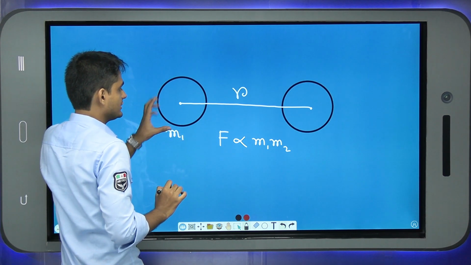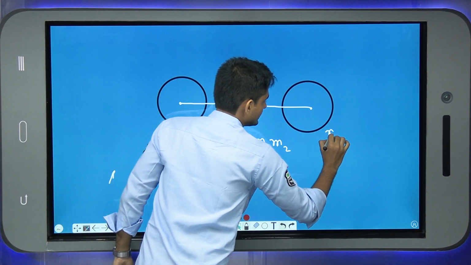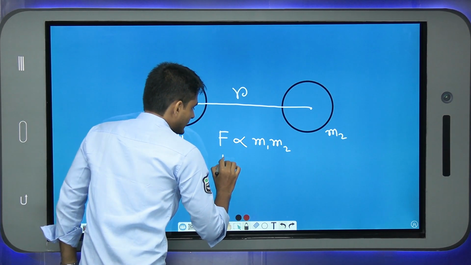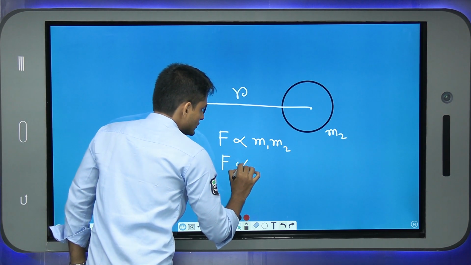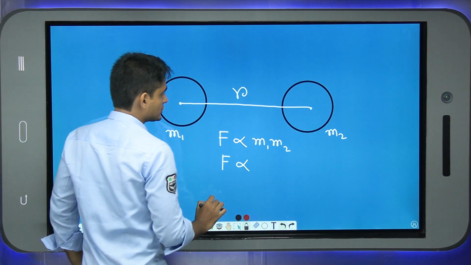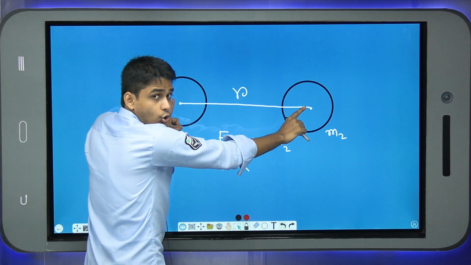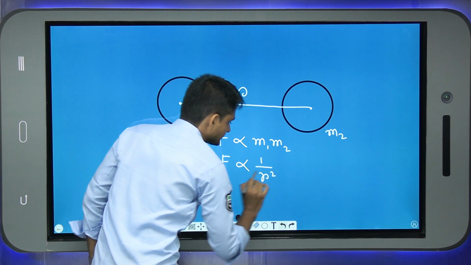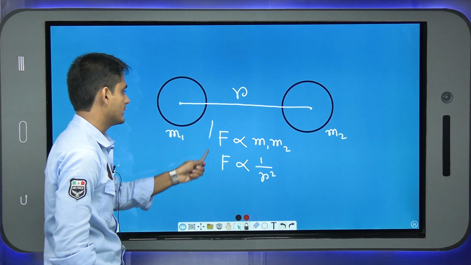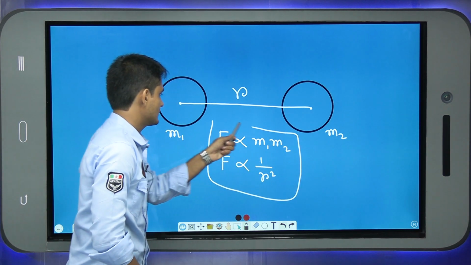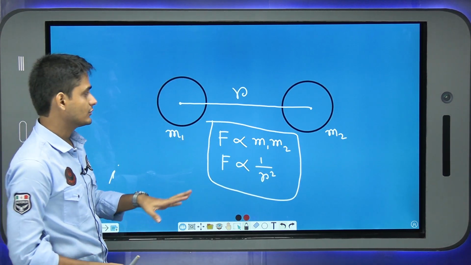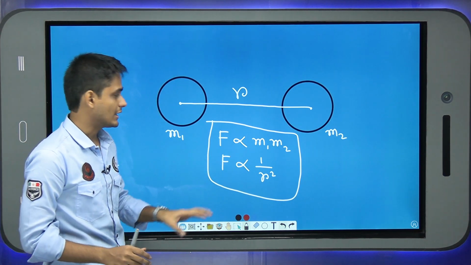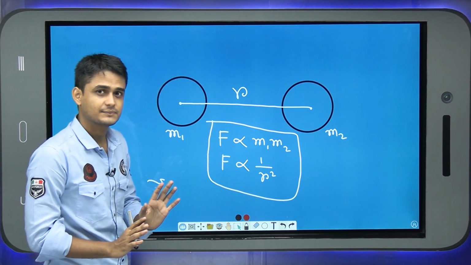Mass of this object is m1, mass of this object is m2, and the gravitational force is also inversely proportional to the square of the distance between them. This is not my law, this is from the famous scientist Sir Isaac Newton. So, there is no derivation for these two statements.